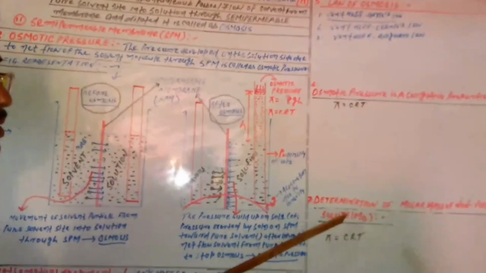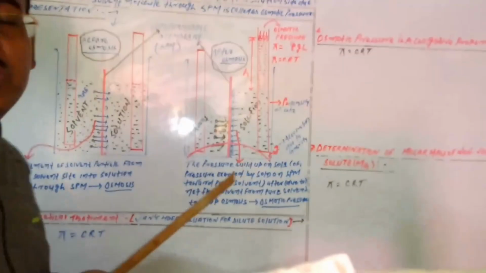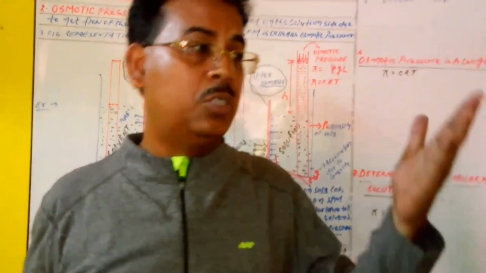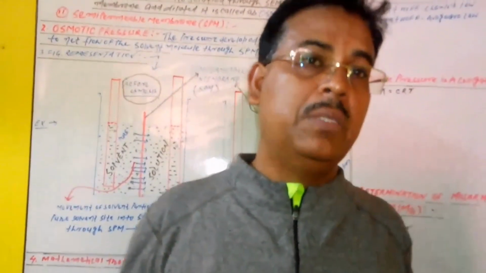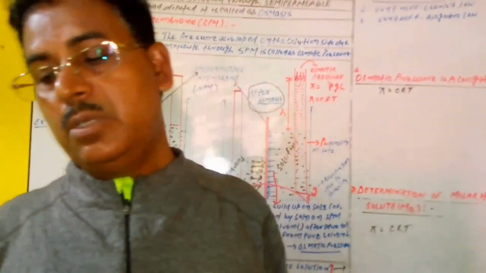Next, we discuss how osmotic pressure is also a colligative property. And last, the determination of molar mass of a non-volatile solute using the colligative property osmotic pressure. So these are the headings under which we study osmotic pressure. Firstly, I want to move to the definition of osmosis.